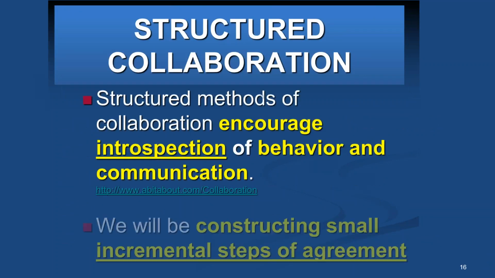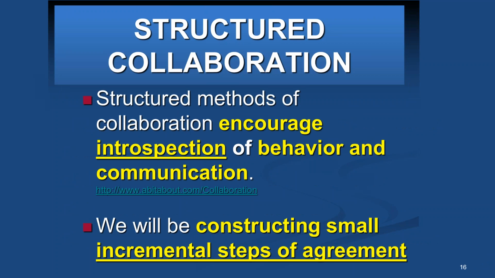So, structured collaboration is a method of collaboration that encourages people to think internally all the time because they know that they're going to have to give their opinion. So everybody's focused on the issue. We're not sitting there with one person speaking, everybody else with their head down, and the next person speaks, everybody with their head down, because we're going to ask, what do you think, and what is your basis of it?